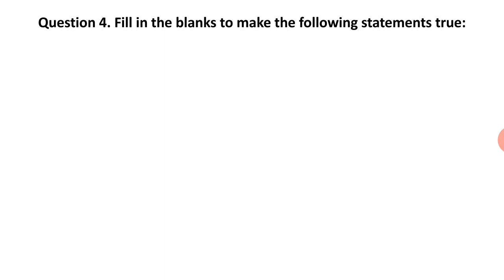Fill in the blanks to make the following statements true. Now, you can see that the very first sub-question tells you that -5 plus -8 is equal to -8 plus dash. Here, we are going to use the properties.